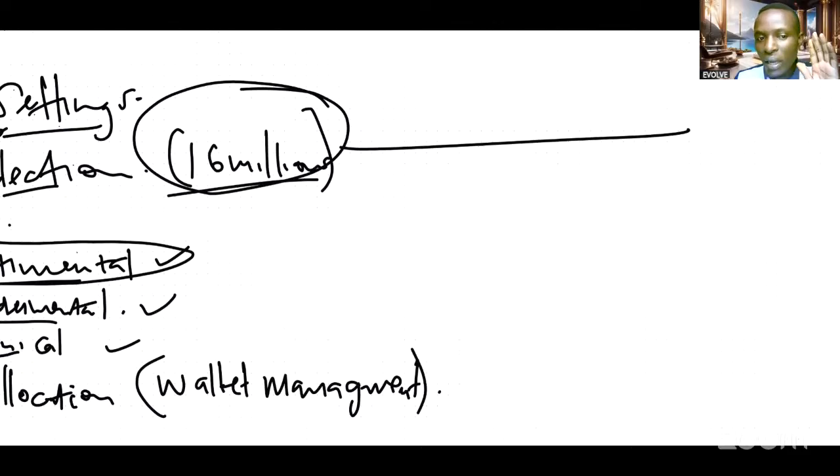Option number one, how do I select a coin to trade? As a beginner, here are the options if you want to go in the market. Number one, you can wait for a signal.